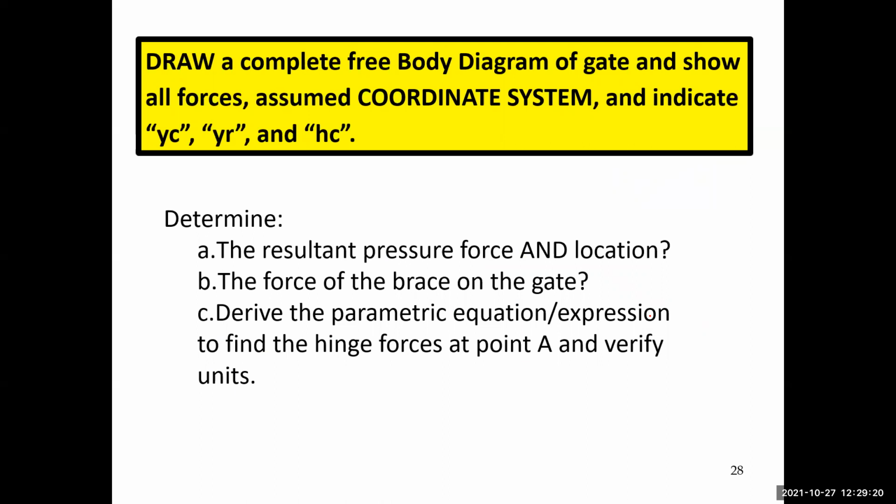This will start you down the right path. If you do not understand the definition of y sub c, y sub r, and h sub c, if you do not understand the necessity of having a specified coordinate system, then the engineering cannot be applied, and it doesn't matter about the engineering. So this will be the first step along the path.